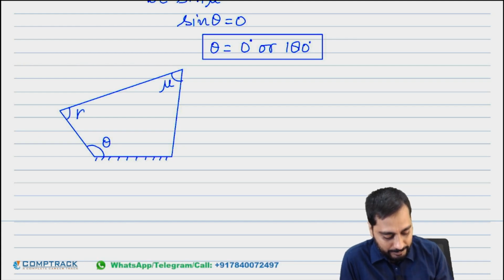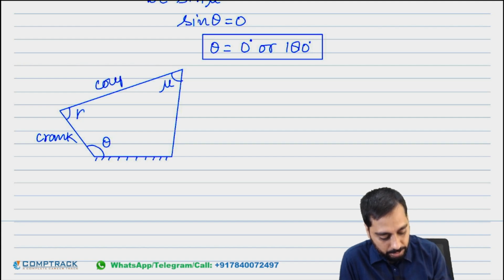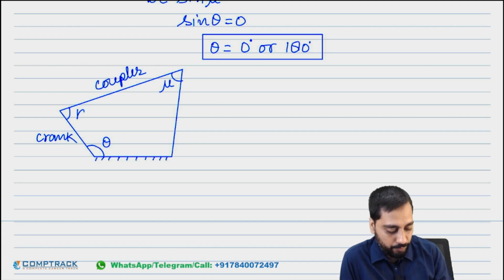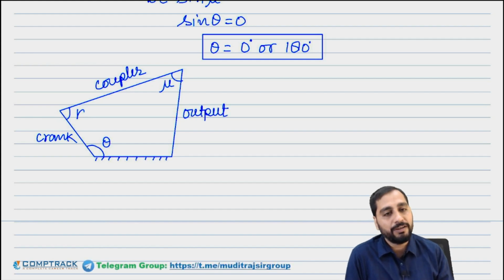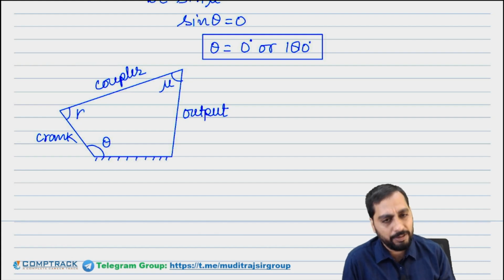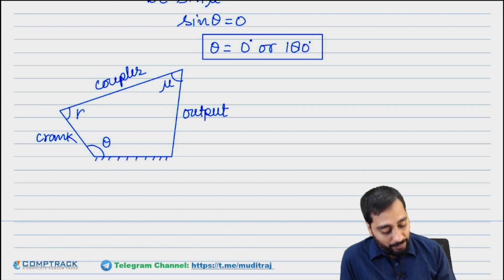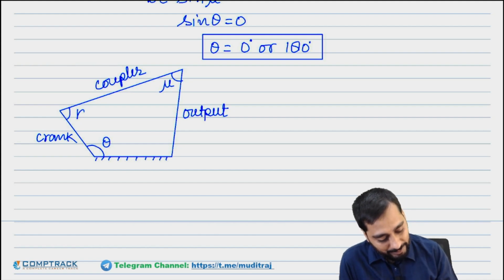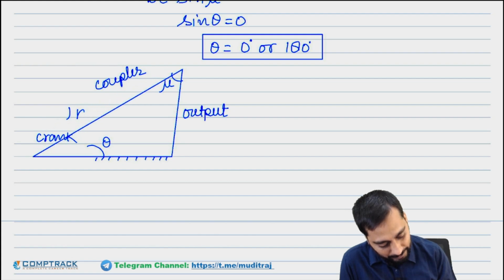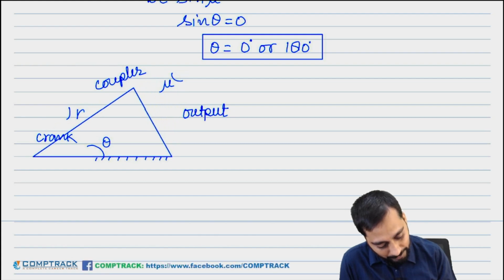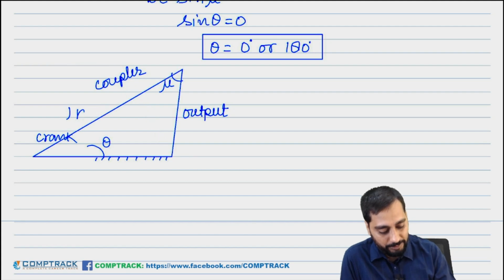This is the crank, coupler, and the output link, or rocker or lever, whatever it is. Now here if I rotate this like this, then it will also rotate and become like this. Can you feel it?